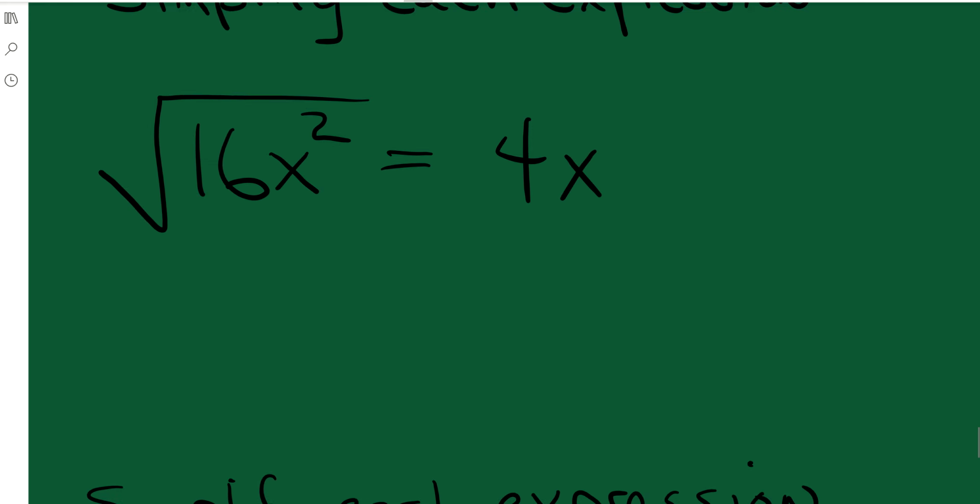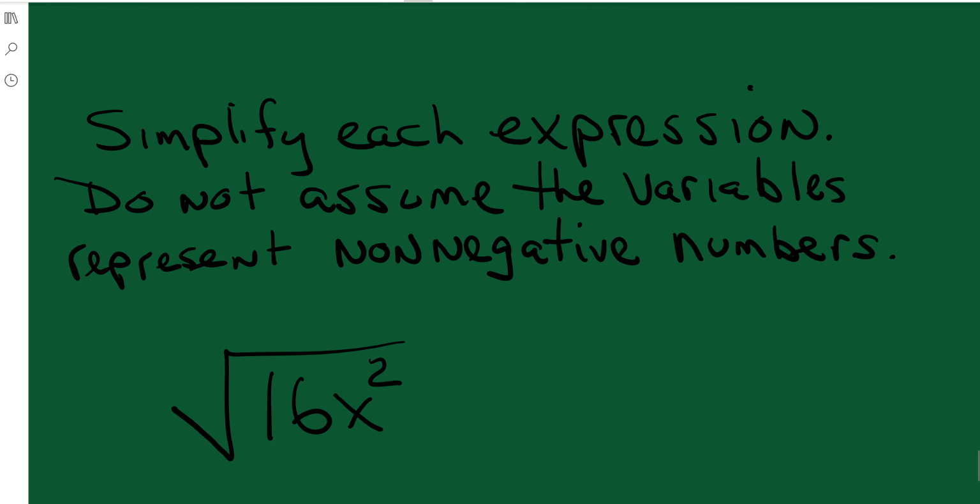My next example is this way, where it's saying simplify each expression, but do not assume the variables represent non-negative numbers. So now my answer for this one changes to include the absolute value sign for the variable.